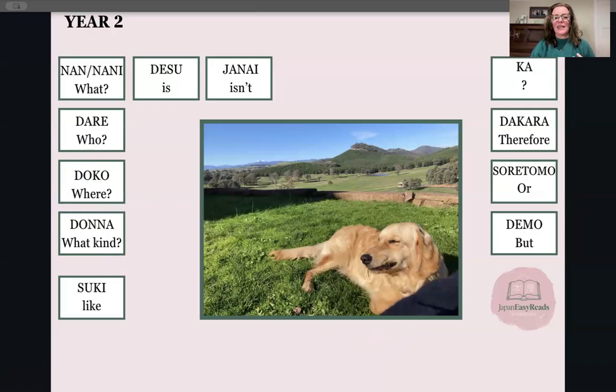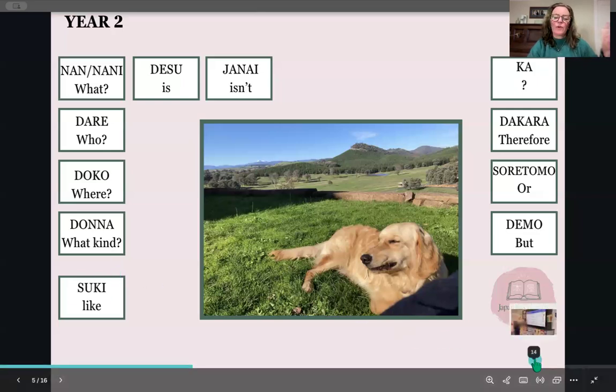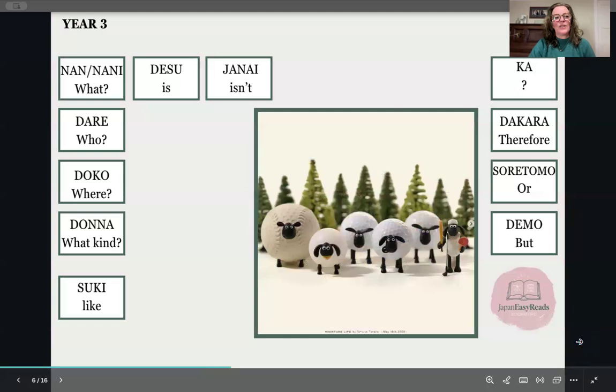They're interested in it. You can ask, Susie-san no petto desu ka? Susie-san no petto じゃないです。誰のペットですか? Go sensei no petto です。Francis sensei no petto じゃないです。So lots and lots of question and answer and providing that comprehended input. So that's the year twos.